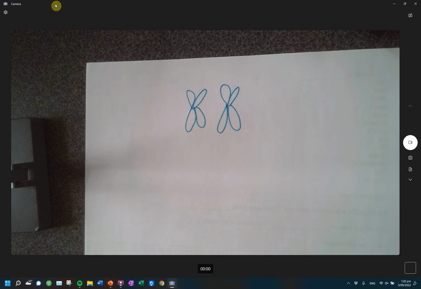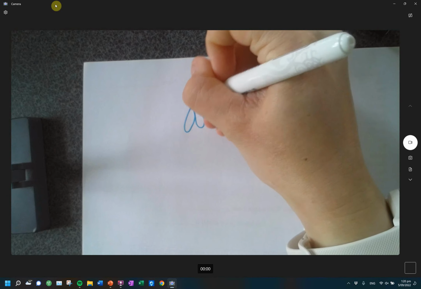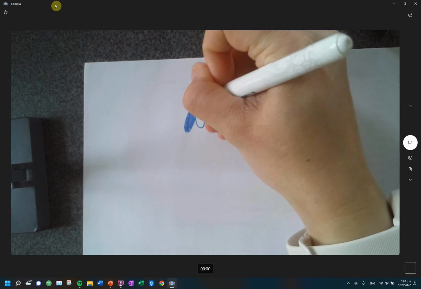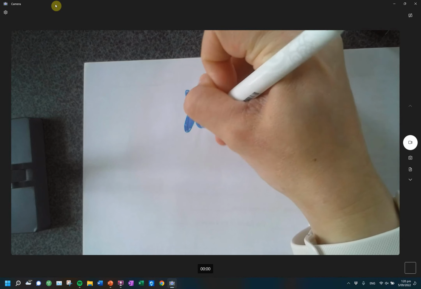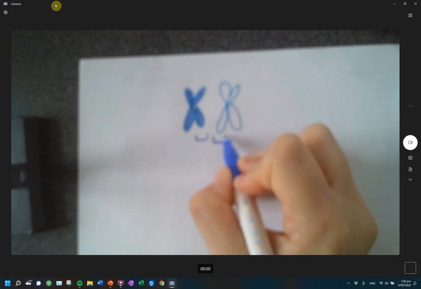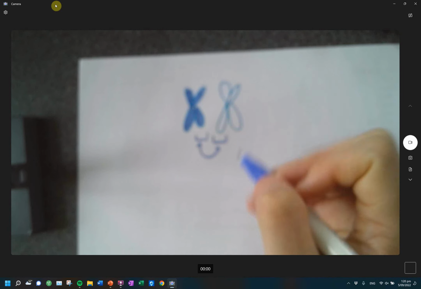So you remember how we had one blue one and one white one? What happens is that some of this chromosome swaps for some of that chromosome, known as crossing over.